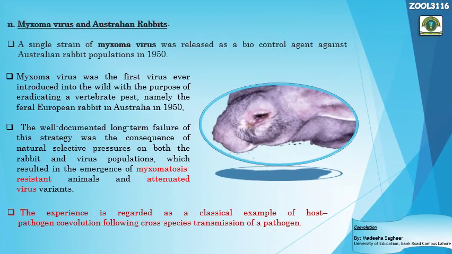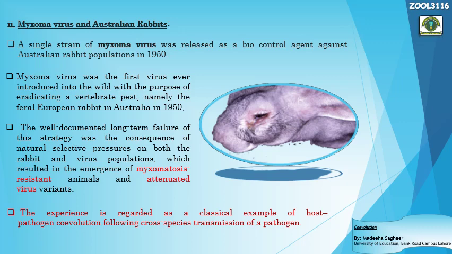Okay, here is the second example of host-parasite coevolution, and it's about the Myxoma virus and Australian rabbits. Myxoma was a pathogenic virus that caused a very severe disease, myxomatosis, in different populations of rabbits. Now, there is a short story behind this example.